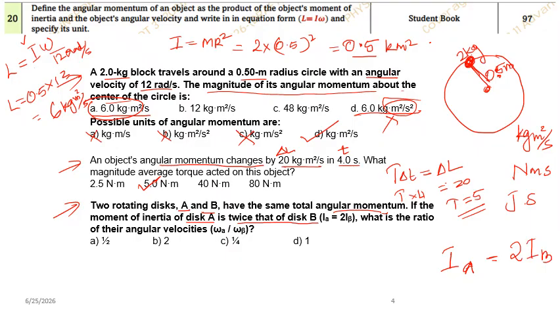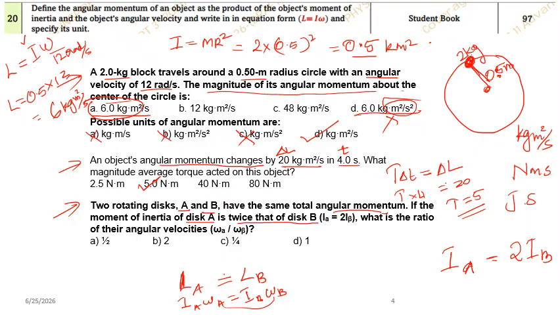What is the ratio of their angular velocities? I think it's very easy. Let us write. LA and LB are the same; there is no difference at all according to the question. Now, how do I calculate LA? LA is IA into omega A, and LB is IB into omega B. They're asking you to calculate the ratio of omega A by omega B.